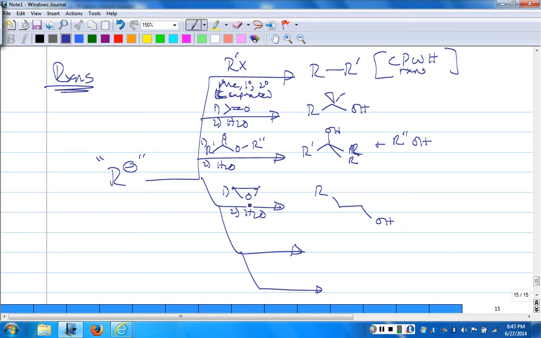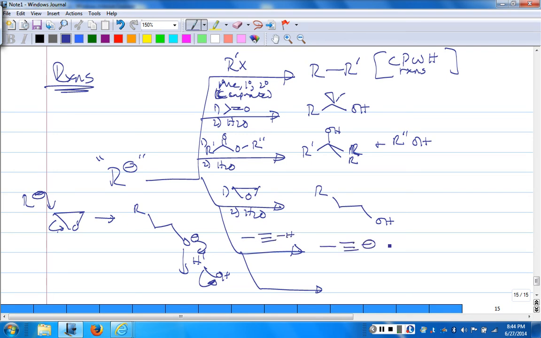The oxirane one, we may not have actually talked about it in detail, but you can imagine this would simply be an SN2 reaction. The ring would open, and you end up with your alkoxide, which reacts with water, and you pull the proton off, and you have your product. They react with terminal alkynes to generate the corresponding acetylide.